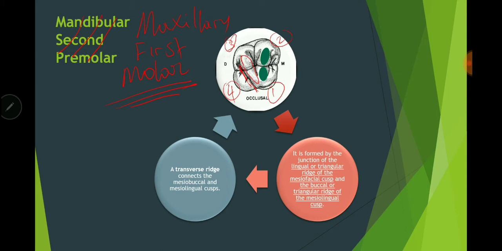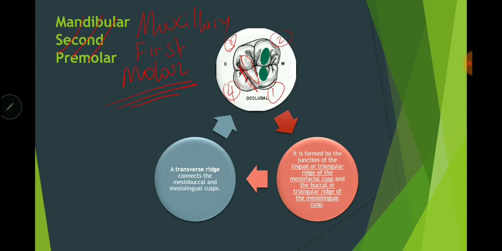The oblique ridge, for example, somebody has decay on the occlusal surface of the first molar. The oblique ridge rarely gets decay. So when you're removing decay and there is some decay in the distal pit and some decay in the mesial pit, you can prepare, but do not cross the oblique ridge.